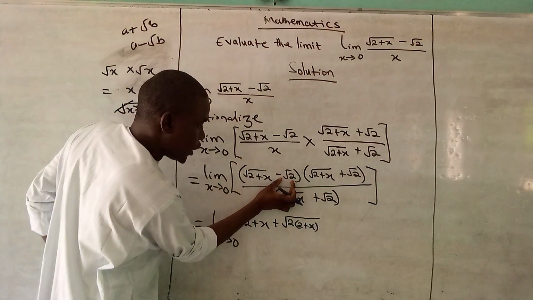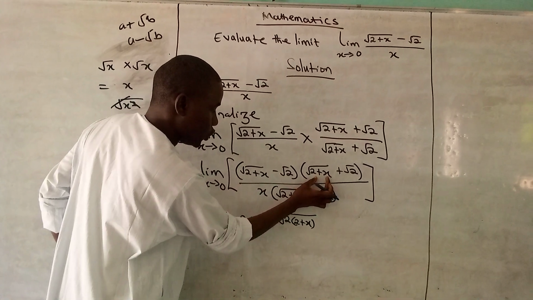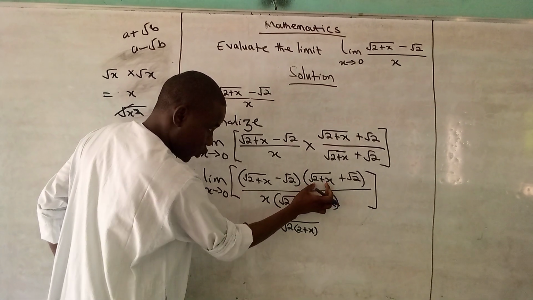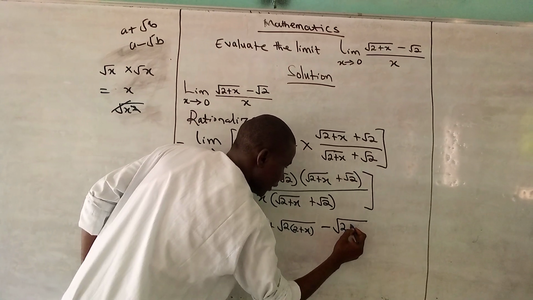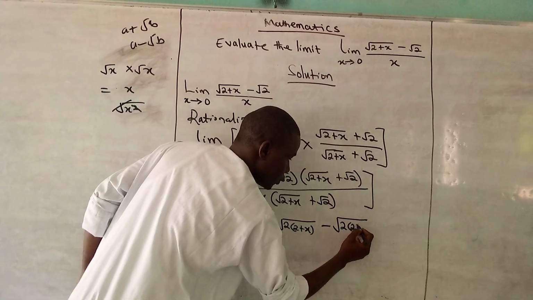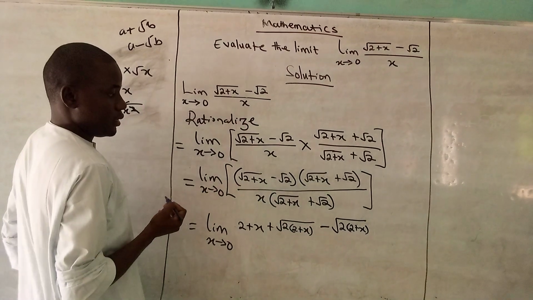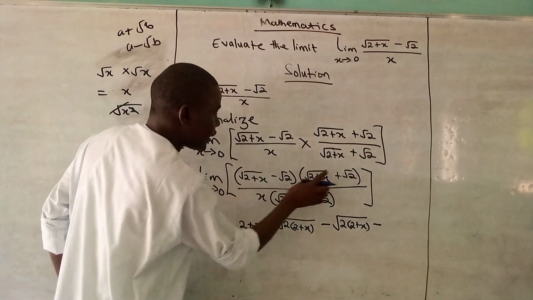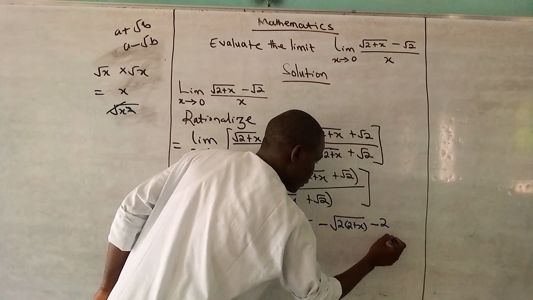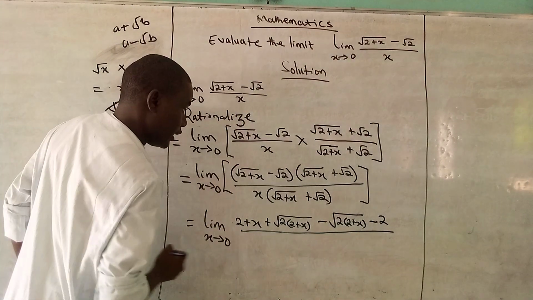Then we take minus root 2 times square root of this. So minus, we multiply them under the same square root, 2 times 2 plus x. Then minus times plus, we have minus root 2 times root 2, which is 2.